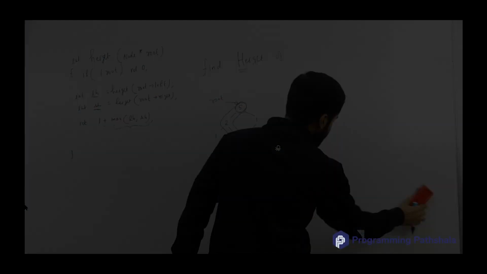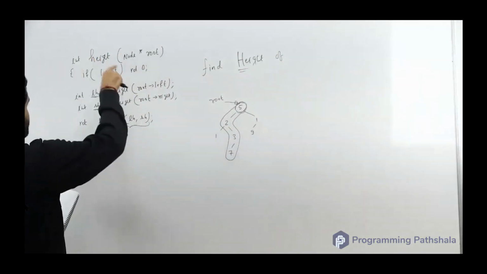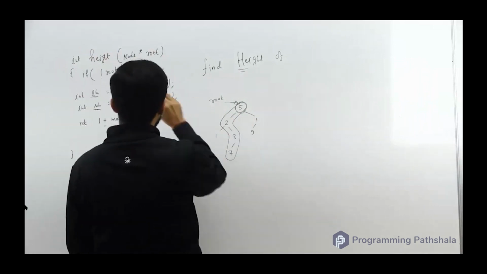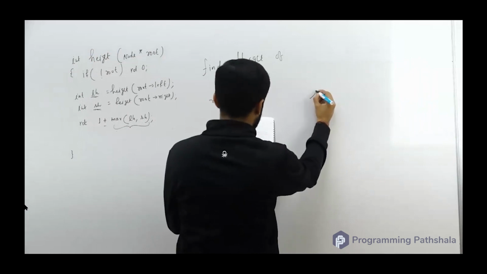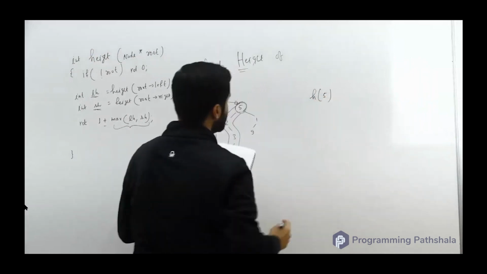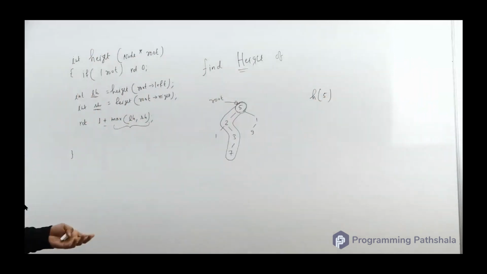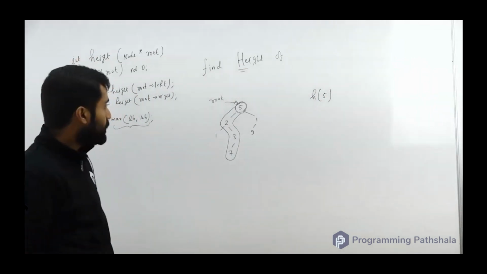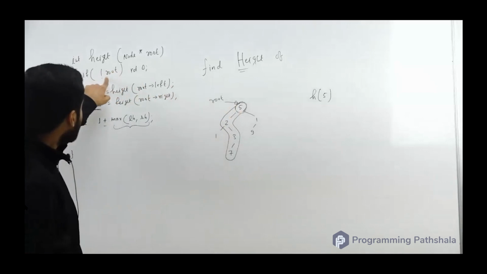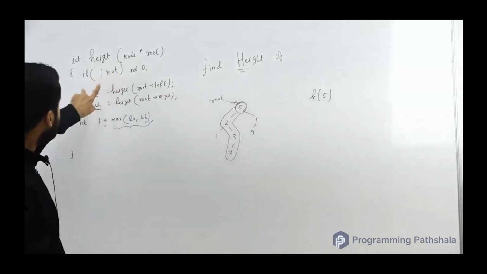tree diagram. So when I look at this function, this is a height function. I'll first call it for the overall root, which is 5. So this has been called. Now, all that you have to do is look at it and figure out how the code control flows. So this thing, it is not null. So this condition will be skipped. You will come here.